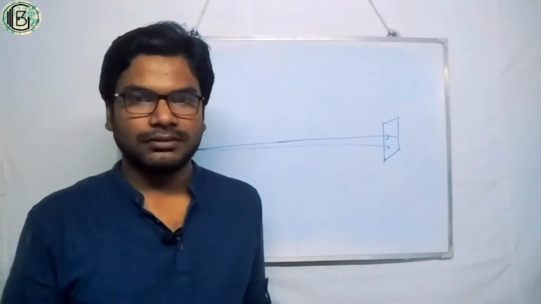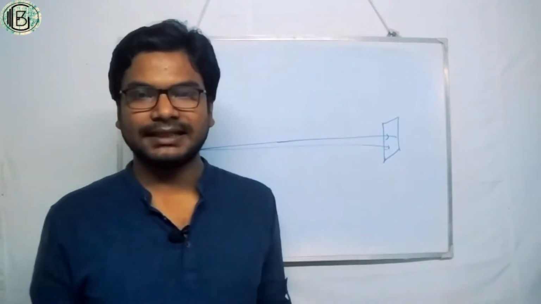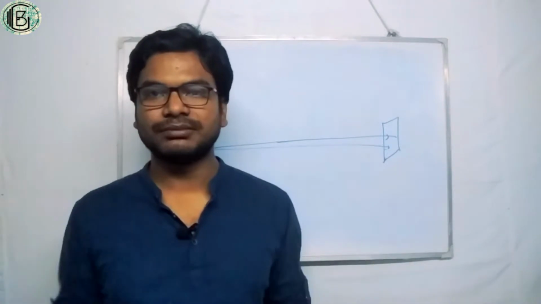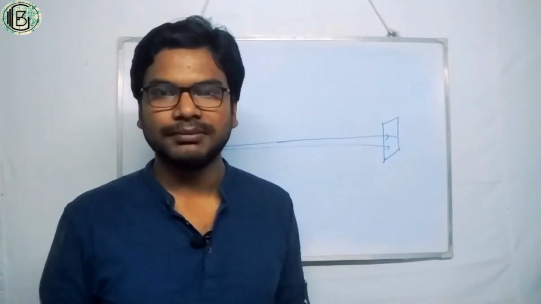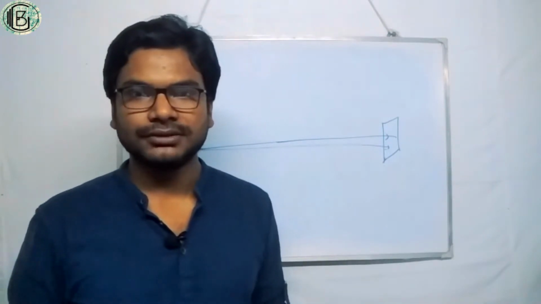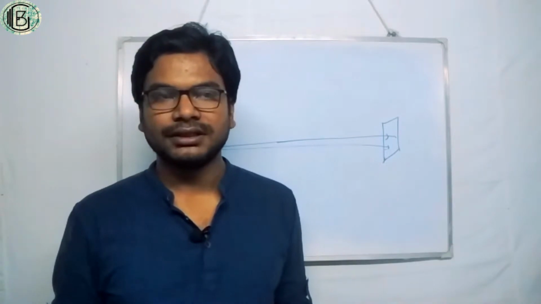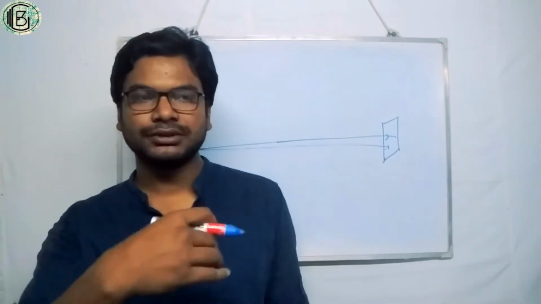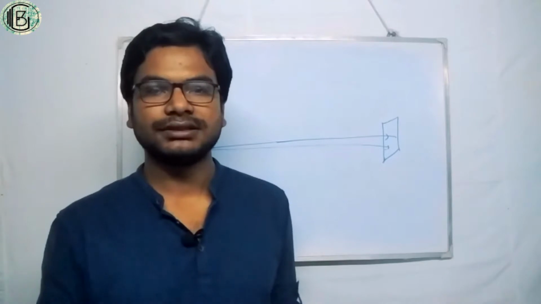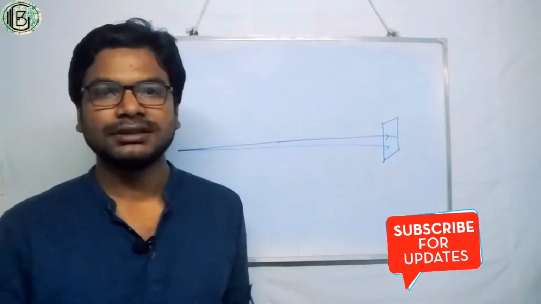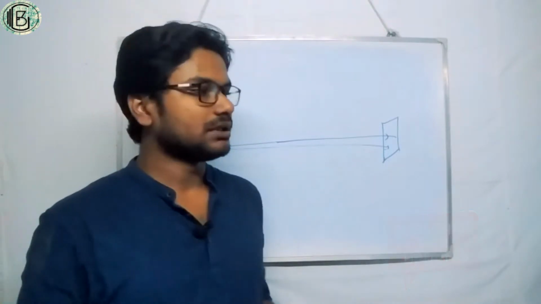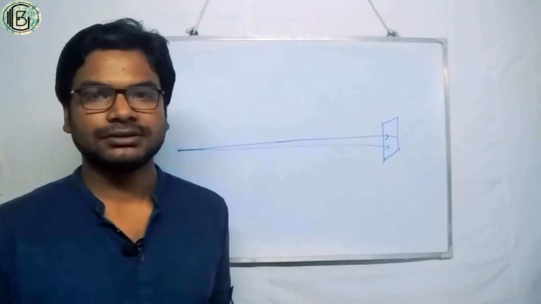As we can see, our sun is a spherical source of light, but from Earth the sun seems to be a planar source of light, because the distance between the sun and Earth is really high with respect to our observation. That is the reason the sun seems to be a planar source of light.